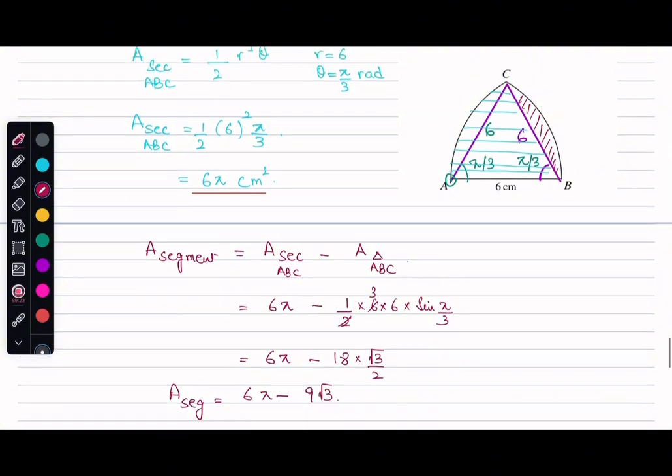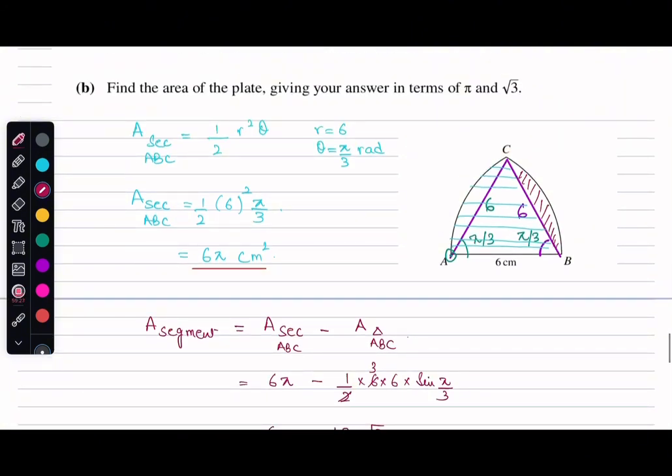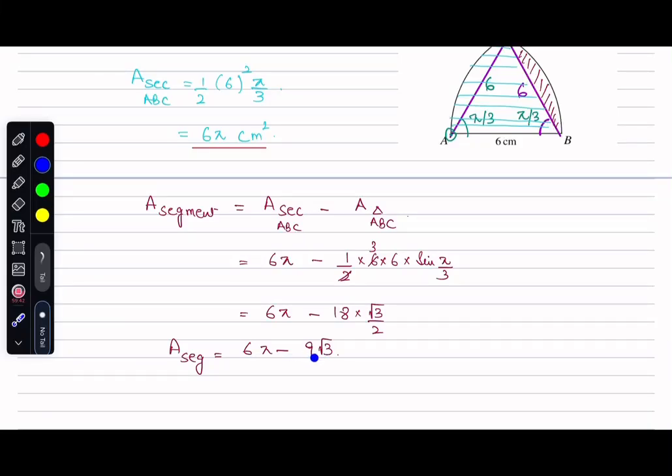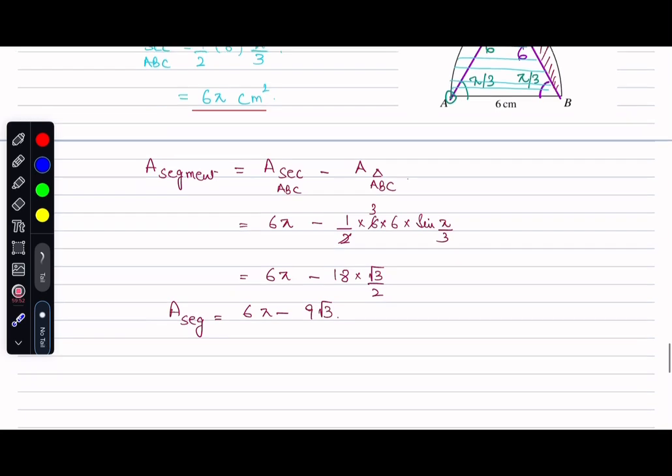So to get the total area, I can see that the total area of the plate is the blue region here, for which we found the area as 6 pi centimeter square, and the red segment area here, which was calculated as 6 pi minus 9 root 3. So the total area of the plate is going to be the sector area in blue plus the area segment in red, which is 6 pi minus 9 root 3.